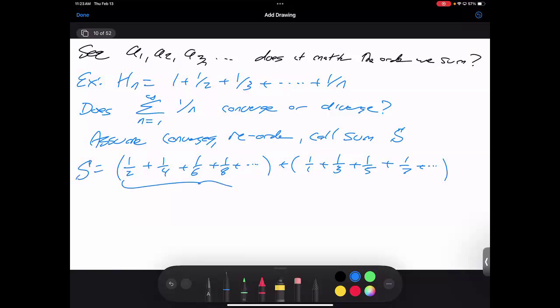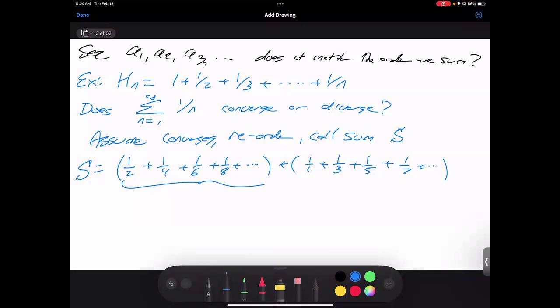What can you say about the sum of the evens? What would we know about the sum of the reciprocals of the even numbers? It's less than the sum of the odds, because we're assuming it's finite. But you know something about the sum of the reciprocals of the evens.